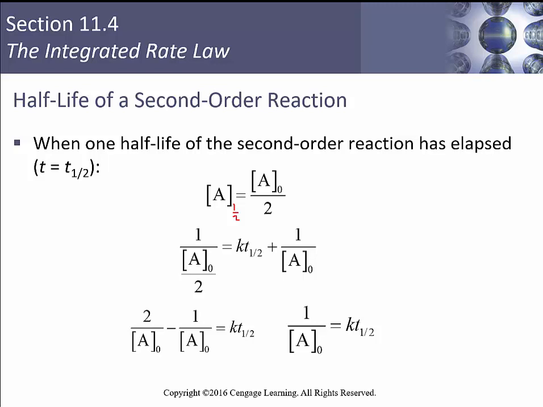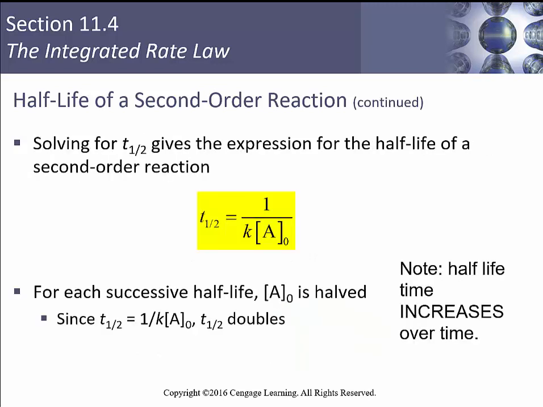We'll get 2 over our initial concentration minus 1 over initial concentration is equal to kt. Or we can write this out as 1 over our initial concentration is equal to k times t 1/2. Flip these around so we can isolate the t, and we'll end up with t 1/2 for a second order reaction is going to be 1 over k times our initial concentration.